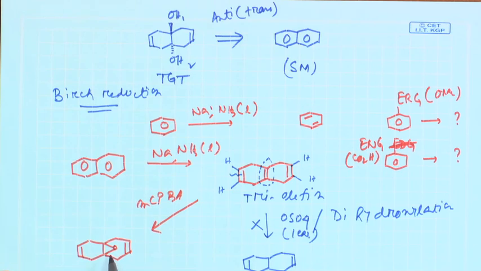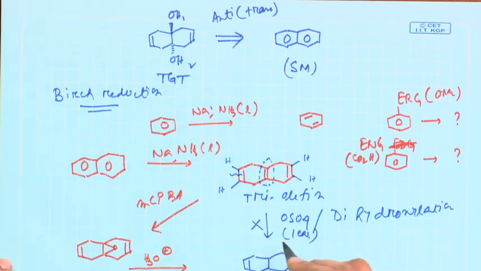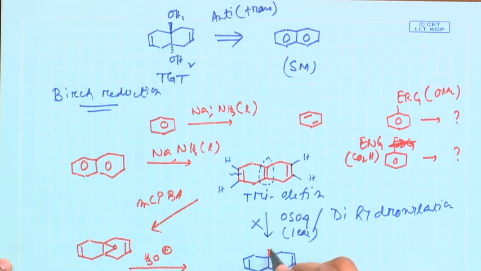Once you get the epoxide, opening will always give you an anti-diol by standard SN2 conditions. So you get the product having anti geometry.